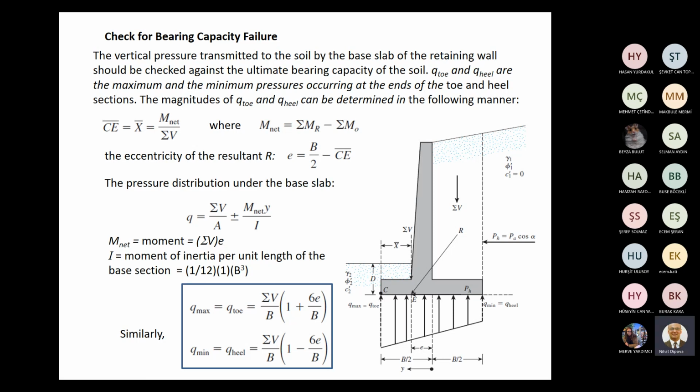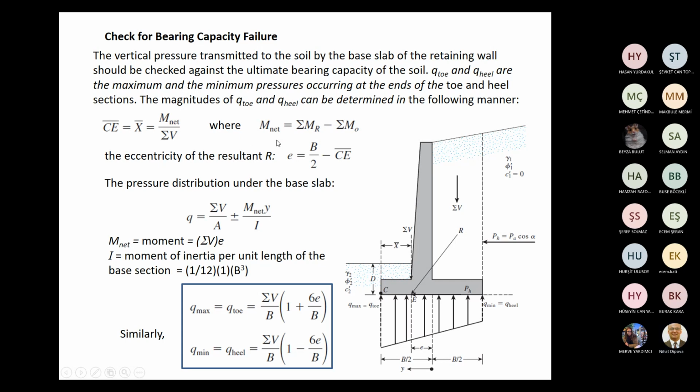You are familiar from the bearing capacity chapter. First of all, we need to locate the resultant force. So we need to determine the X value. This is calculated from moment equilibrium using this relationship.